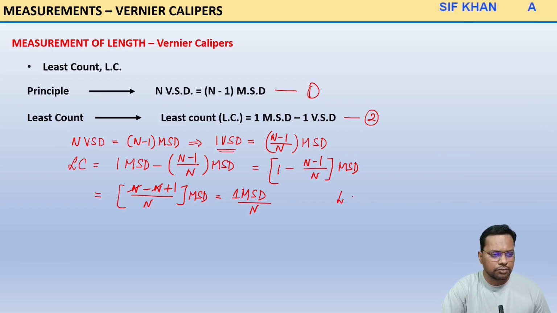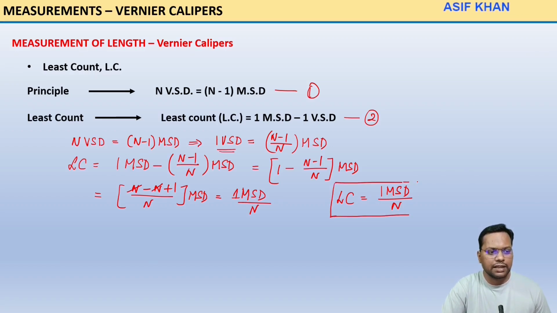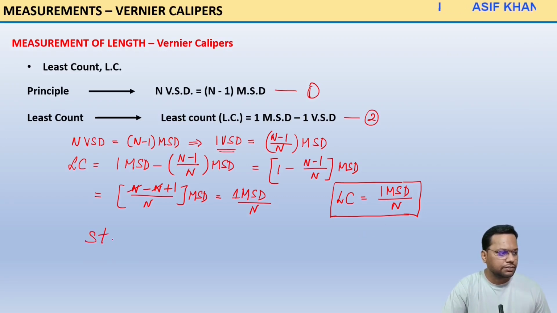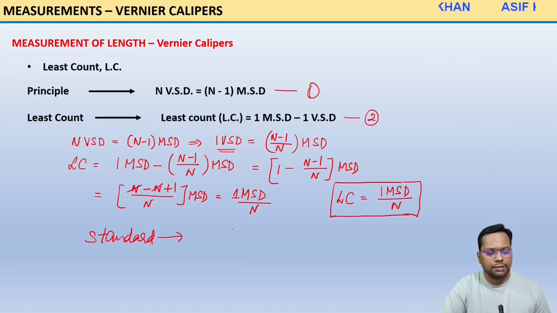So this is the simplified expression for the least count of the Vernier calipers. That is, least count is equal to 1 main scale division divided by the total number of Vernier scale divisions, that is capital N. Now, if the given Vernier calipers is a standard one, in the case of a standard Vernier calipers, 1 main scale division is equal to 1 mm, and the total number of Vernier scale divisions is equal to 10.